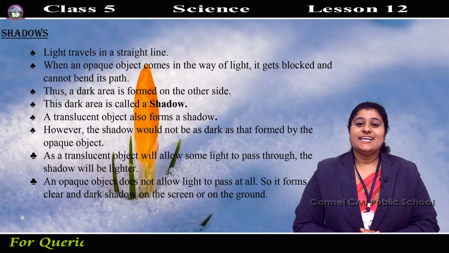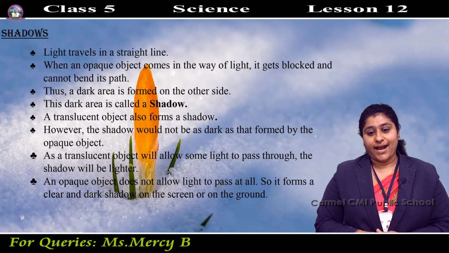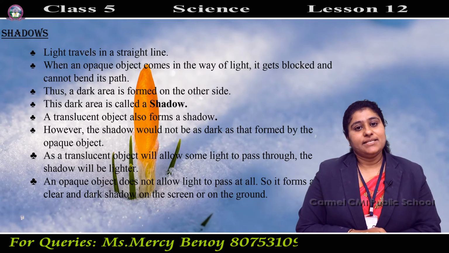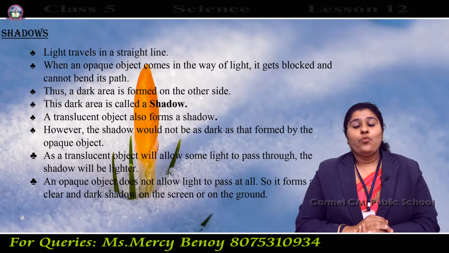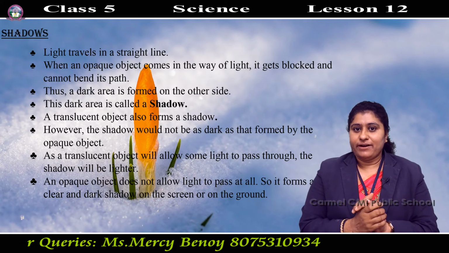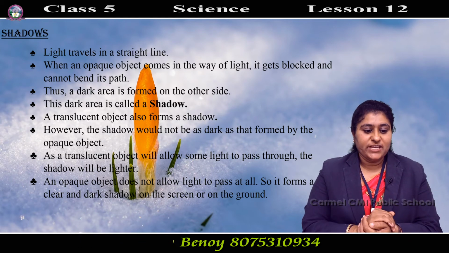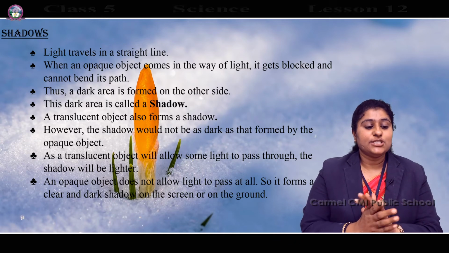Next topic is shadow. What is a shadow? Light travels in a straight line. Doesn't light always travel in a straight line? So when an opaque object, what is an opaque object? Opaque objects do not allow light to travel through them.